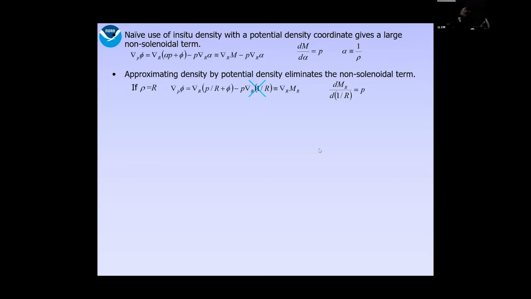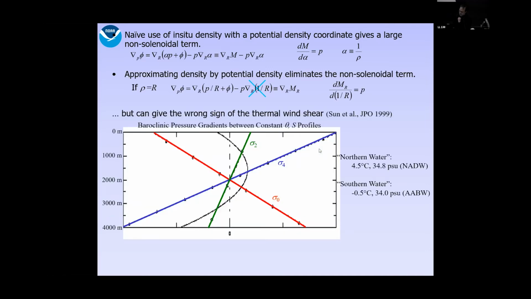Now, you can cancel that out by approximating things in the pressure gradient as though it's just the potential density. However, this gives a real problem in that it gives you pressure gradients of the wrong sign. And this is a very nice demonstration from a paper from 23 years ago now, where you have Antarctic bottom water on one side of the domain and North Atlantic deep water on the other side of the domain.